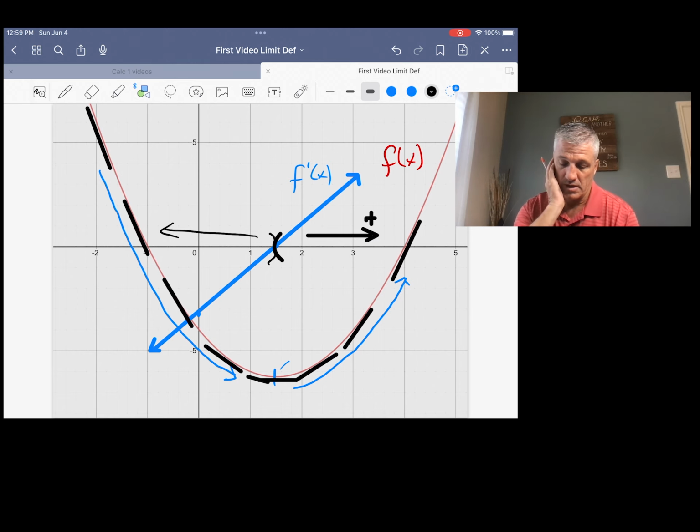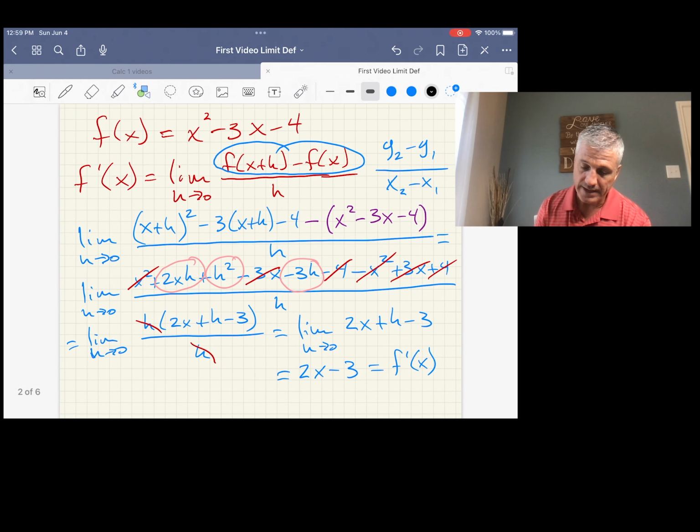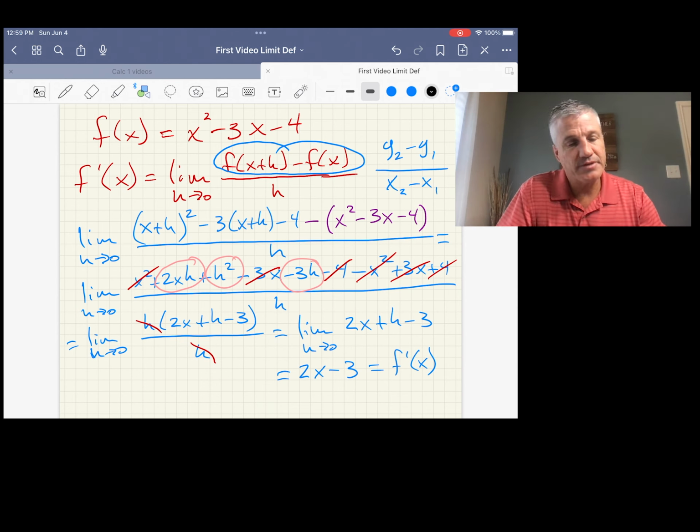Okay, so real quickly, go back. We had to use the limit definition, which reminds us is just slopes, and we're just taking the limit as h goes to 0. And then we do a lot of algebra here, and that's why we're always saying how big a deal algebra is in calculus.